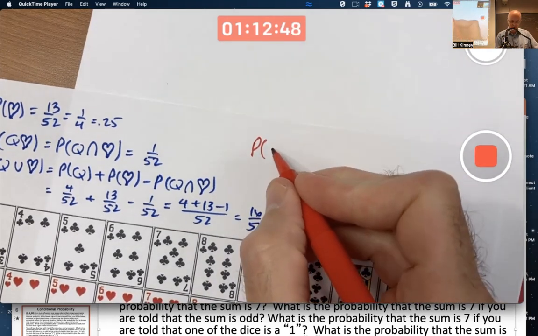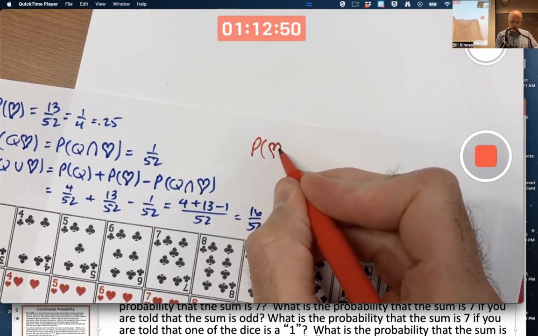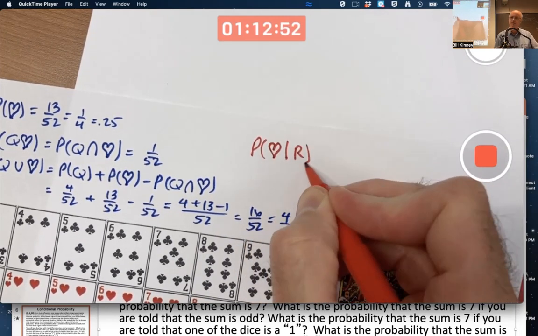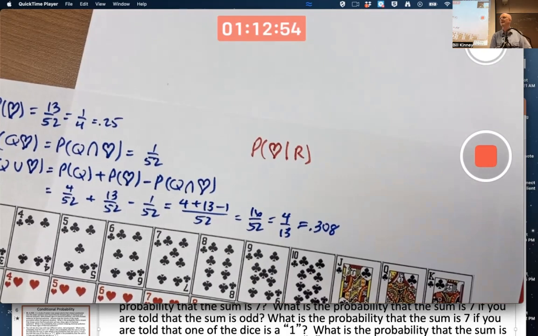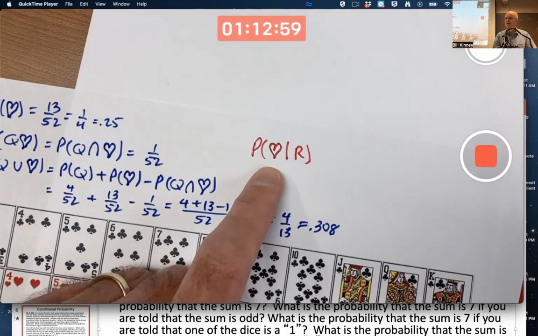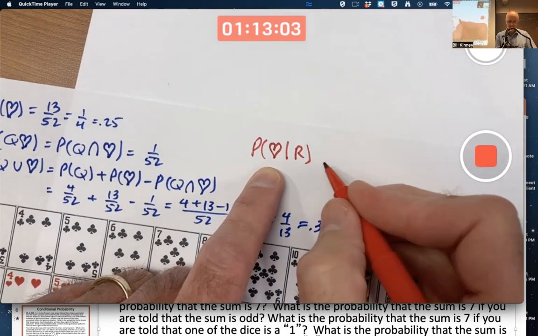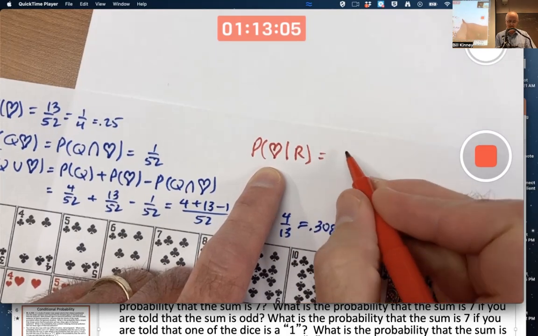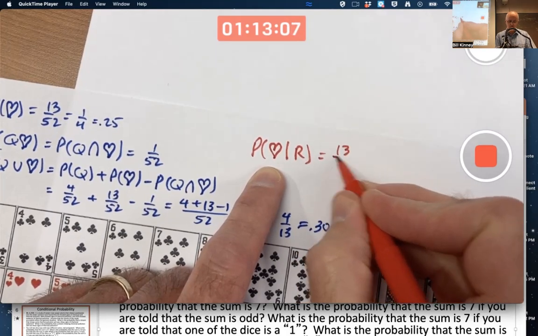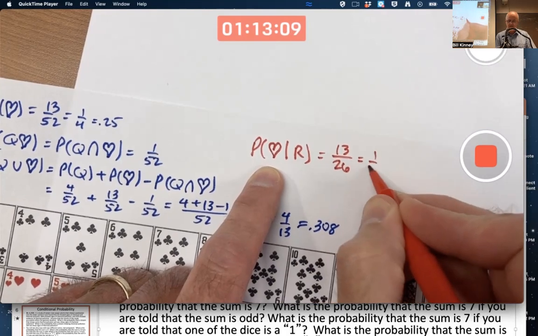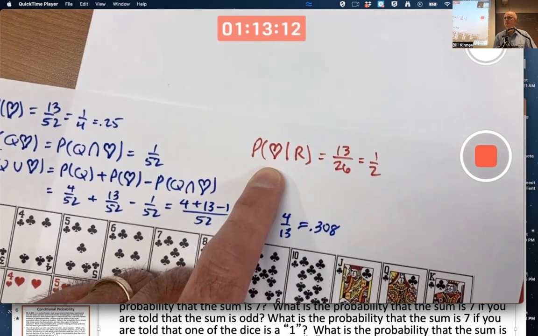What's the conditional probability that it's a heart, given that it's a red card? Your friend has told you it's red. Now you're wondering, how does that affect the chance that it's a heart? It does affect it, right? You could think of this as, hey, there's 13 hearts out of 26 red cards. That's why the answer is 1/2.